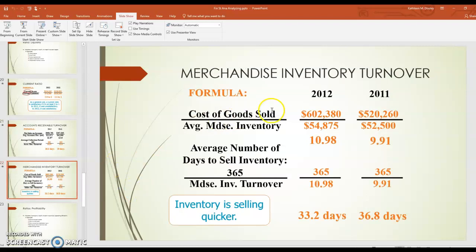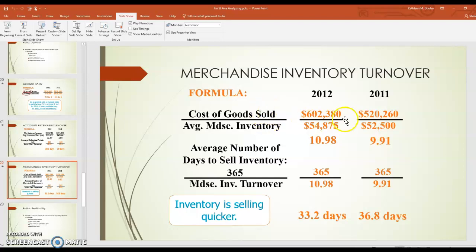Okay, merchandise inventory turnover. We take the cost of goods sold from our income statement, and we divide it by average merchandise inventory. And to get the average inventory, we do just like we did with accounts receivable. We get the beginning inventory from 2011, add the ending inventory from 2012, and divide by 2.